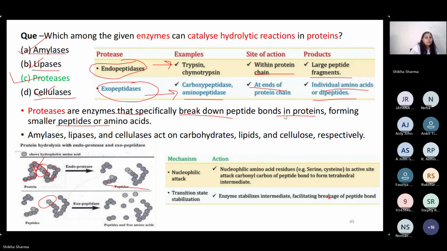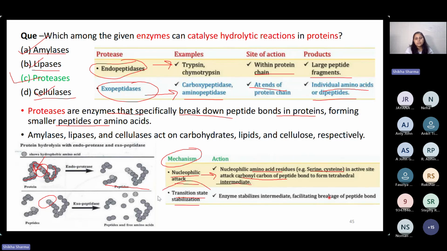So basically the mechanism can be nucleophilic attack or transition state stabilization. In nucleophilic attack, nucleophilic amino acid residues like serine or cysteine in the active site attack the carbonyl carbon of the peptide bond to form tetrahedral intermediates.